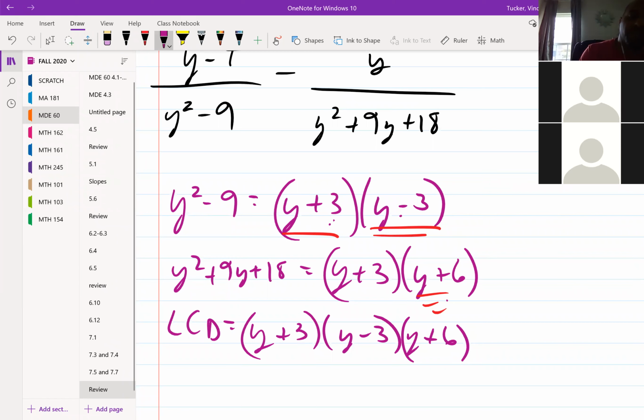Notice how we had y plus 3 that appeared twice, and I didn't write y plus 3 twice. Only wrote it that one time as a part of the LCD. The LCD are the terms that you see. Yes, each different set of parentheses that you see.